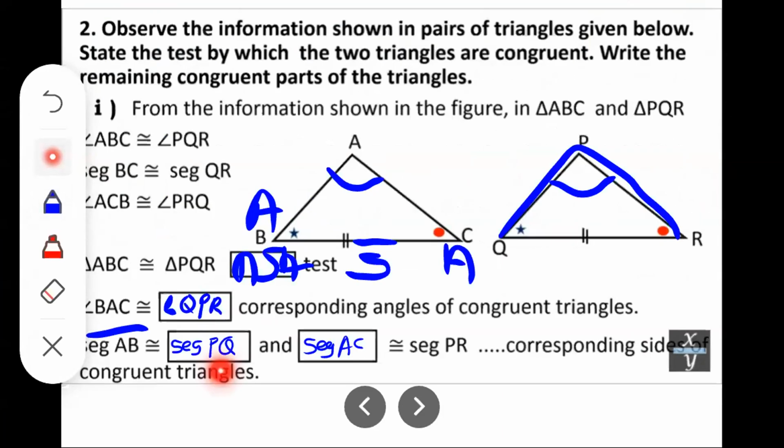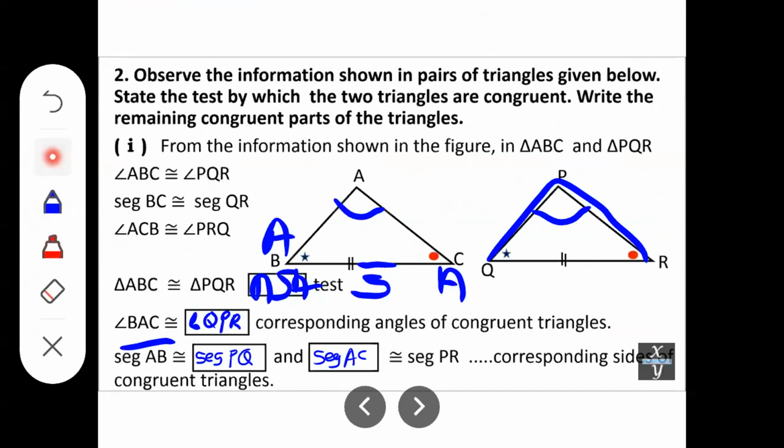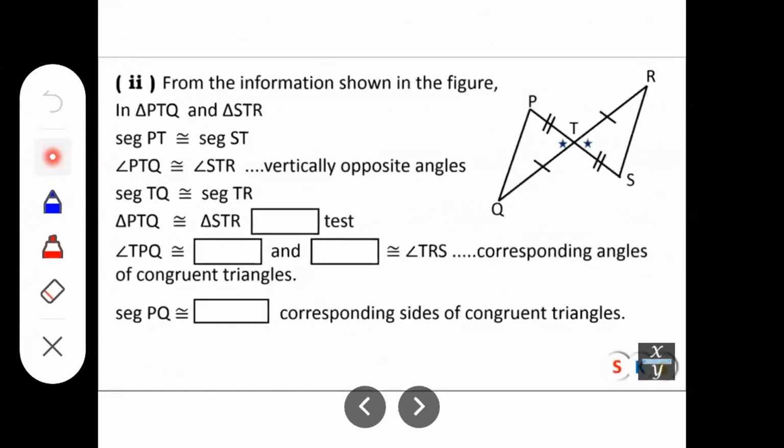That much you have to write here only. Let's see another one. All the examples along with diagrams are given in your textbook on pages 31 and 32.